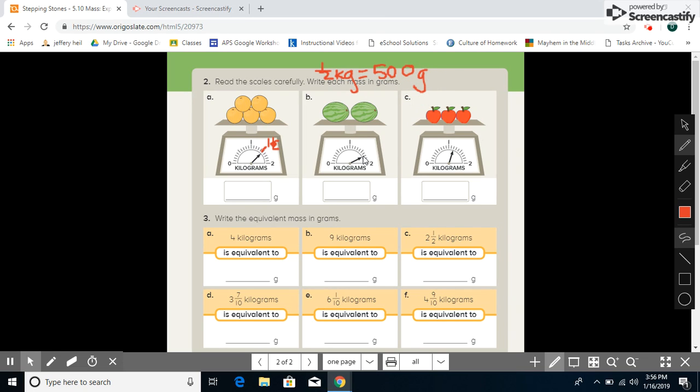Over here, we're at another 1/10. So this is 1 7/10 of a kilogram. Remember, 1/10 is 100 grams. And here we have 1 2/10. Remember that 1 kilogram is 1,000 grams, 1/10 is 100, so 2/10 would be 200.